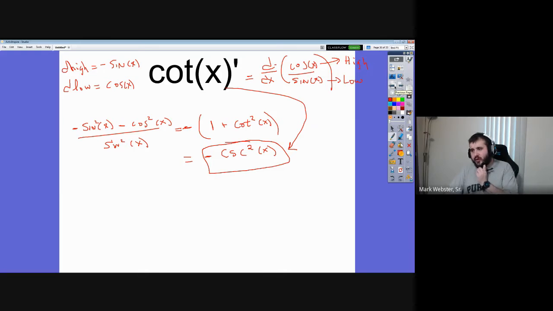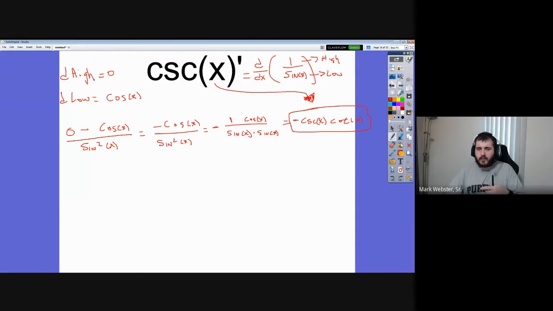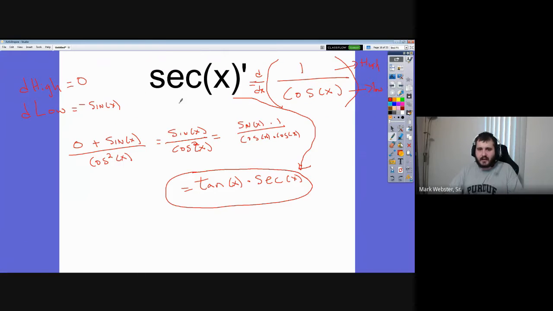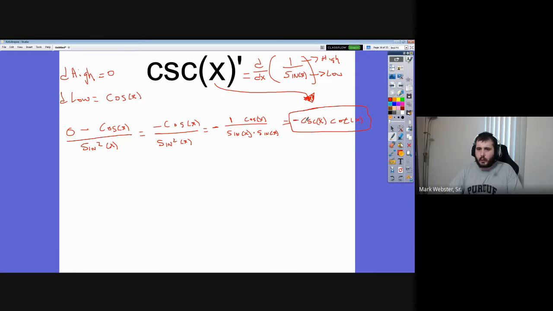So the cos are with the cos. Tangent is with secant. Cotangent is with cosecant. And then when you do secant and cosecant, secant tangent secant, cosecant, negative cosecant cotangent. So a couple of things that are super duper common, right?